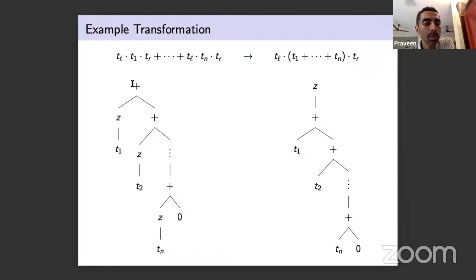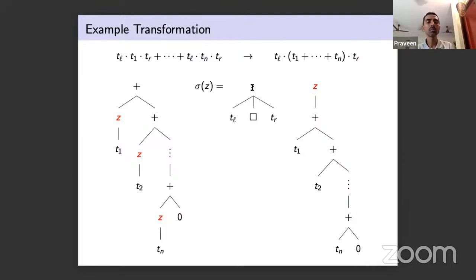If you just look at this whole tree as the abstract syntax tree of an expression, then you will get this expression modulo the fact that instead of TL times T1 times TR, you will get Z with the child T1 and so on. Similarly, on the right-hand side, we have Z at the top, and then as children, we just have T1 plus T2 up to Tn. And we will get back the expressions on the top if we substitute the Z's here in the pattern with this context.